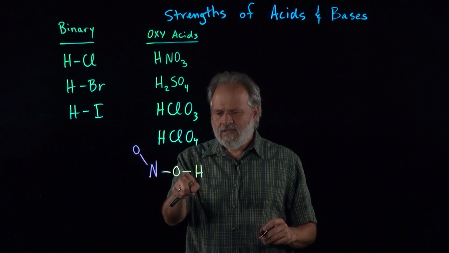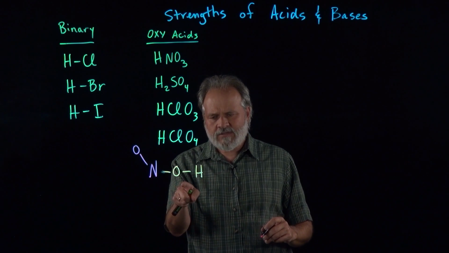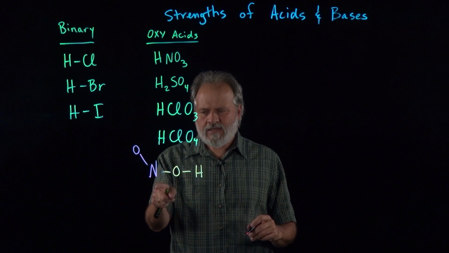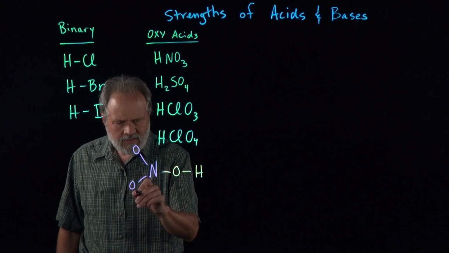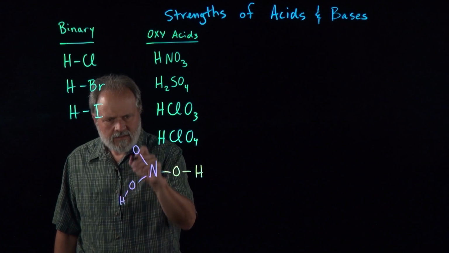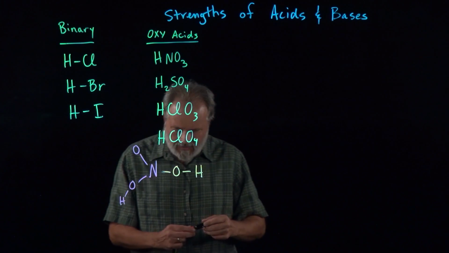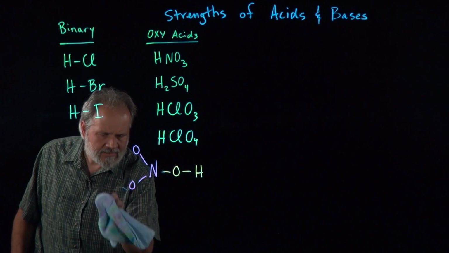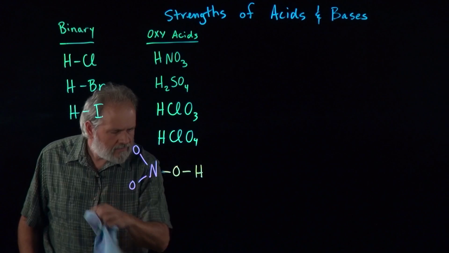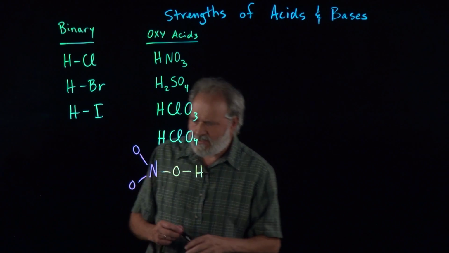So what happens is oxygen pulls electrons away from hydrogen, nitrogen pulls away, and the other oxygens pull away as well. There's only 1 hydrogen in nitric acid, not in sulfuric acid though.